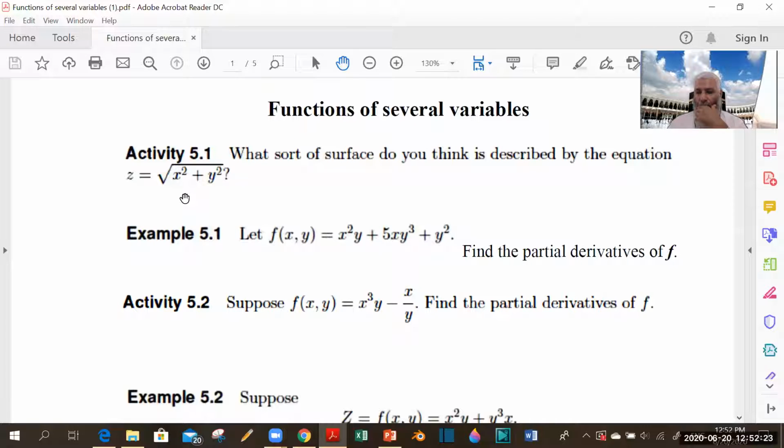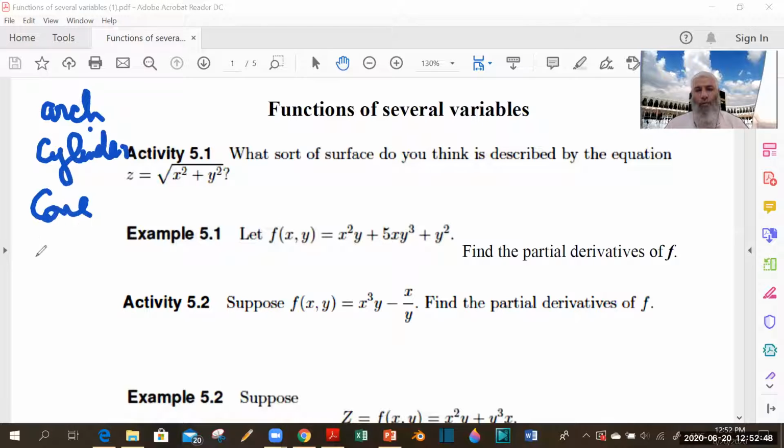Like a surface of cubic, or sphere, or quadratic, cone or cylinder, or curve or arc? Arc, cylinder, cone, sphere, cube, and so on.